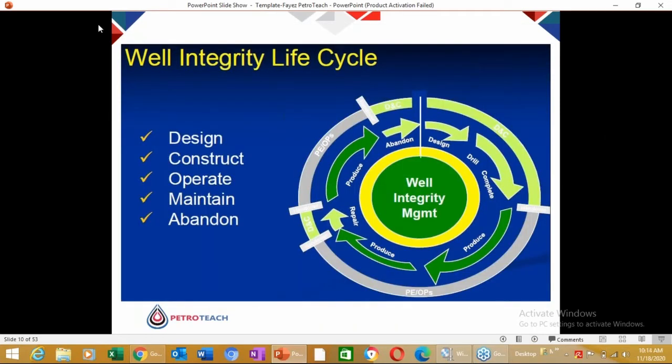Let us go to the well integrity management system. We'll start here. It is design, construction, operation, maintaining, and abandoning. Let us see here: design, then drilling, then operating, all the drilling operation, and handing over to the workover or completion, completing the well, producing the well.